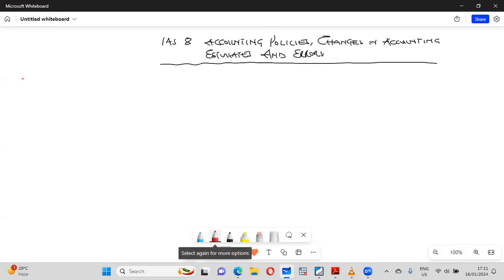When we talk about accounting policies, in terms of policies, what do we mean by that? Because it talks about the specific principles, the basis, the rules, the practices, the conventions, whatever you call it, that is applied in the preparation of financial statements.